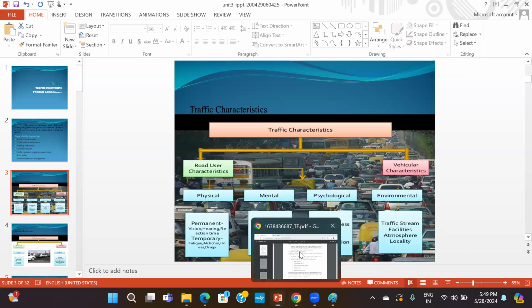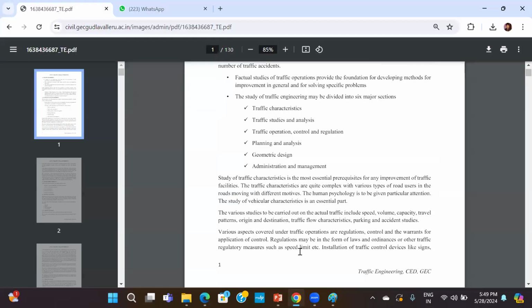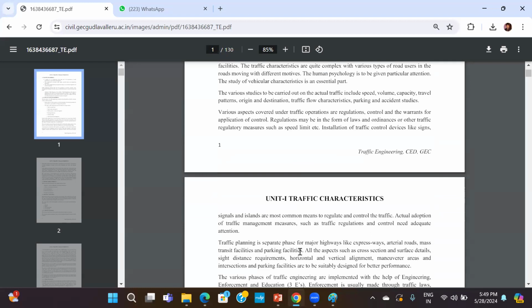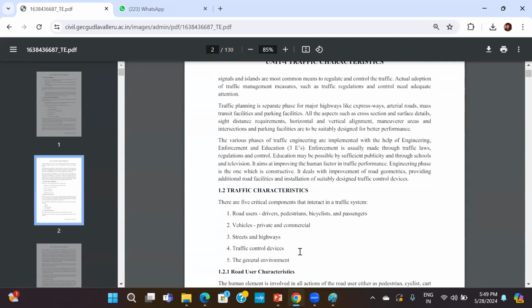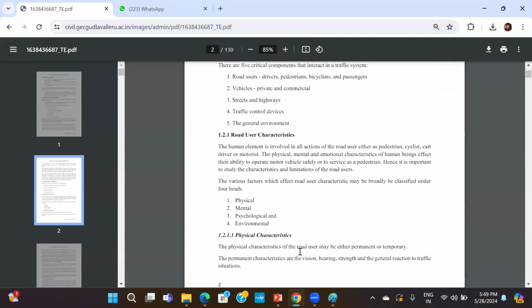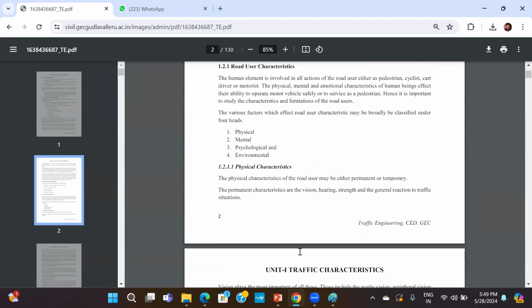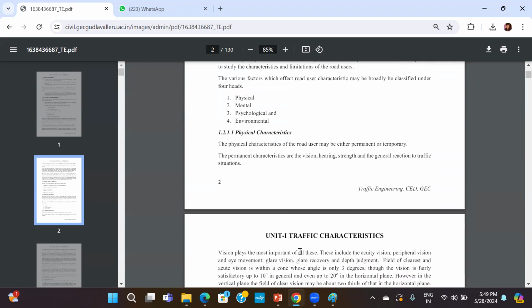So here you can see in detail about the physical characteristics. The permanent characteristics are the vision, hearing, strength, and general reaction to the traffic situation.